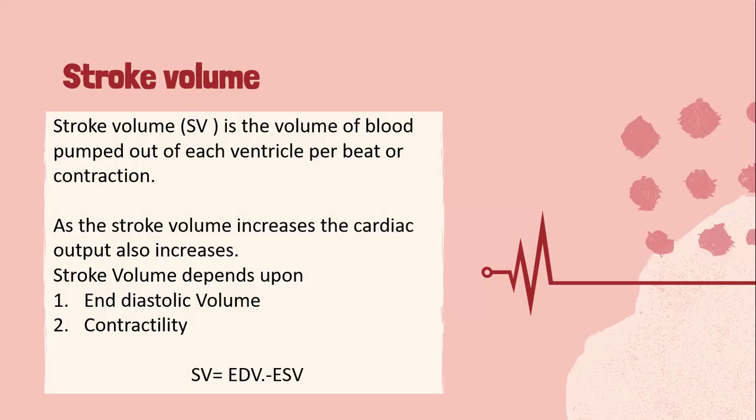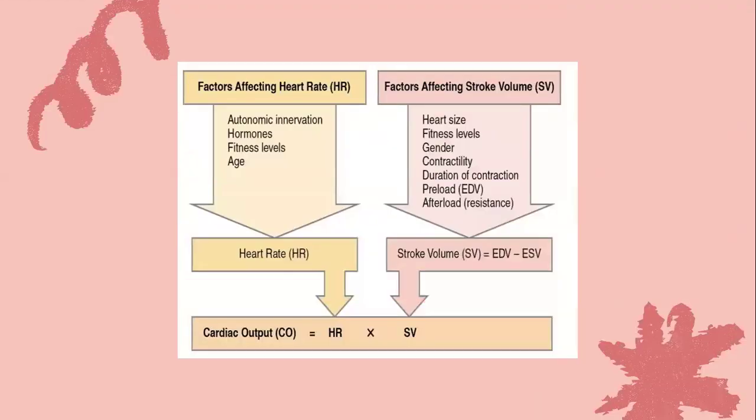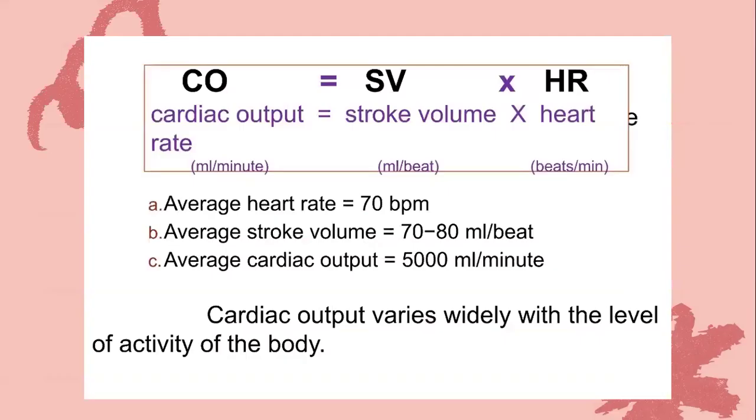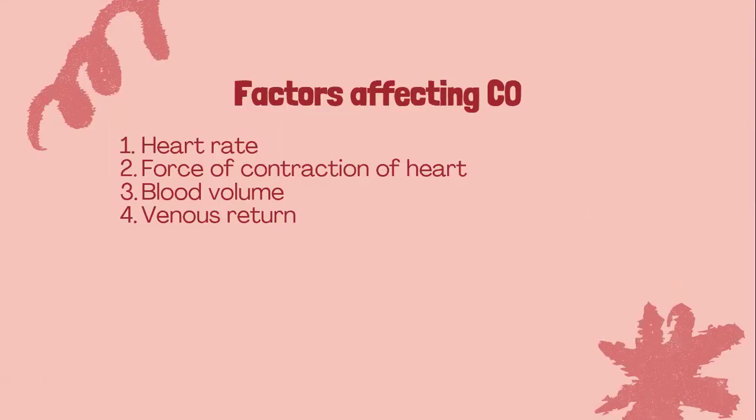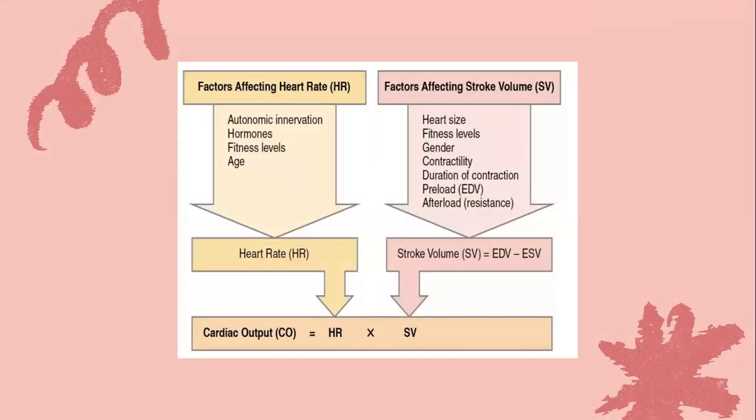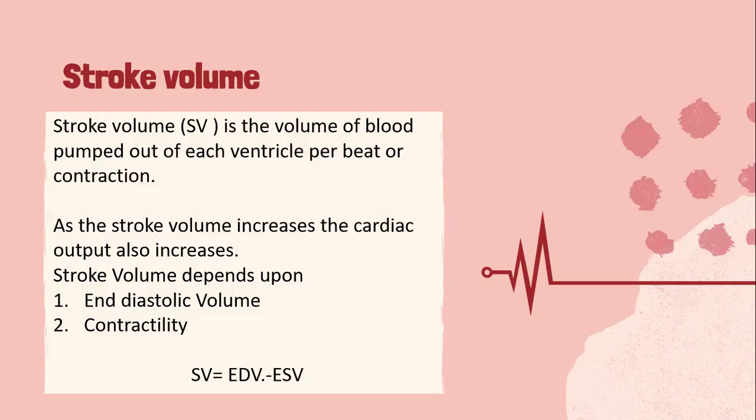It's the volume of blood pumped out of each ventricle per beat or contraction. When the stroke volume increases, the cardiac output also increases. Look here. When the stroke volume increases, cardiac output also increases. Stroke volume mainly depends on end-diastolic volume and contractility of the heart.